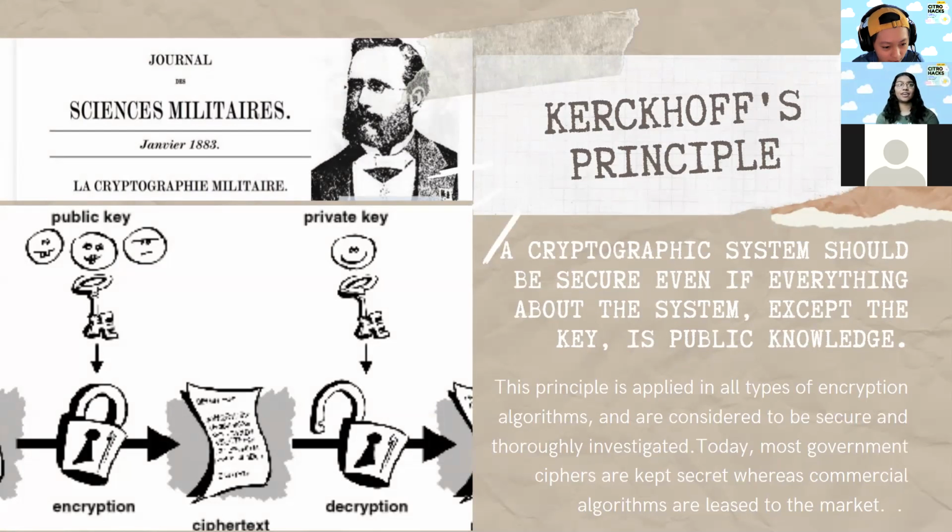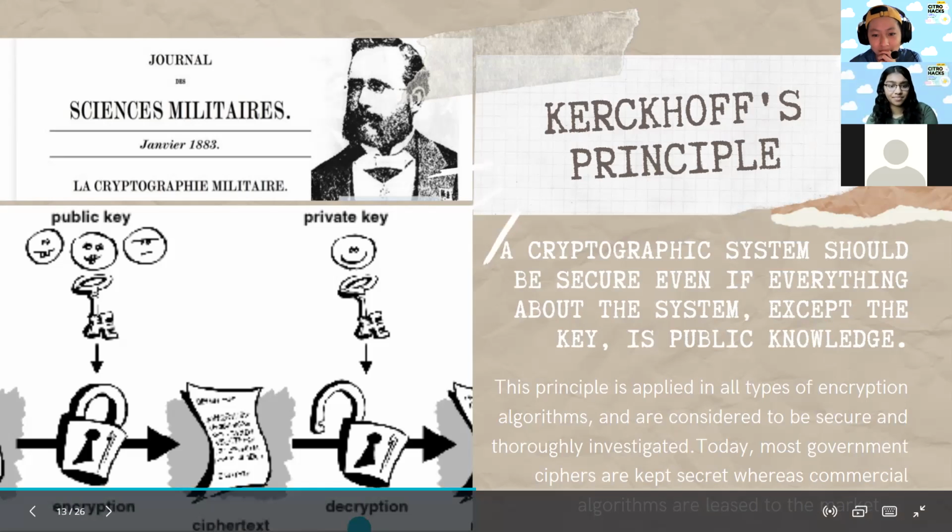So this reiterates what we were talking about before, in which you are allowed to have the ciphertext, the encoded message, and all that information can be public, as long as that key or that specific algorithm is kept personal to only the sender or the receiver, so they know how to access that information.